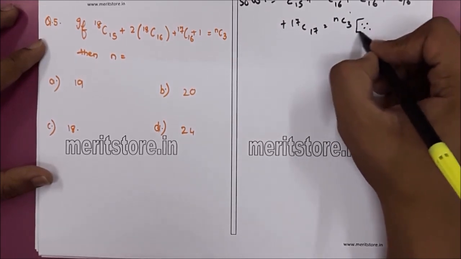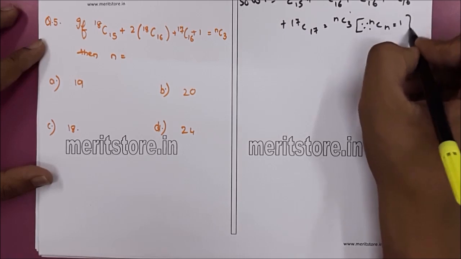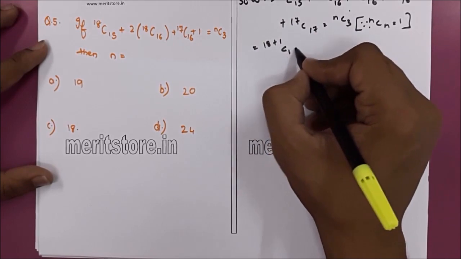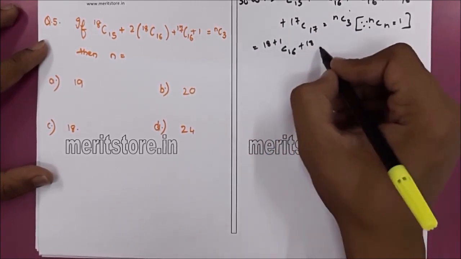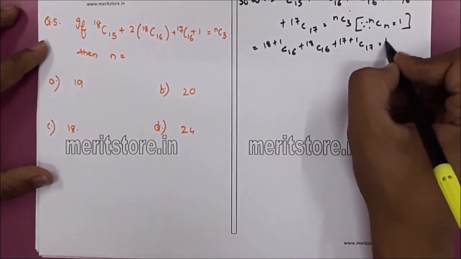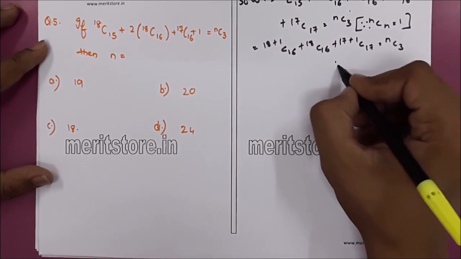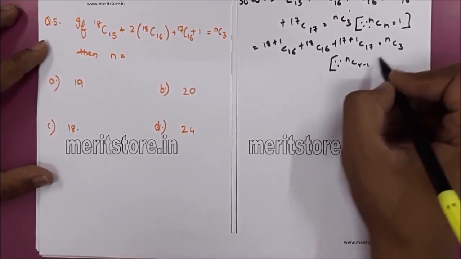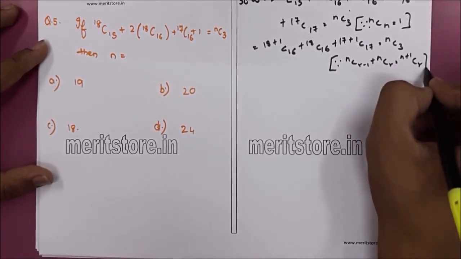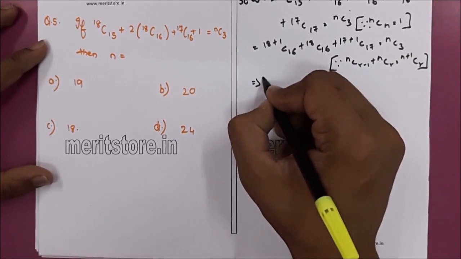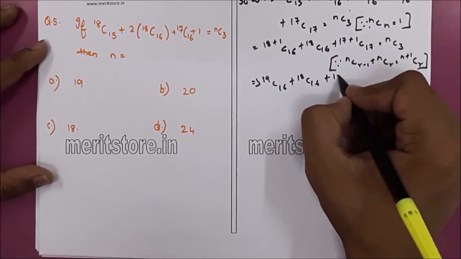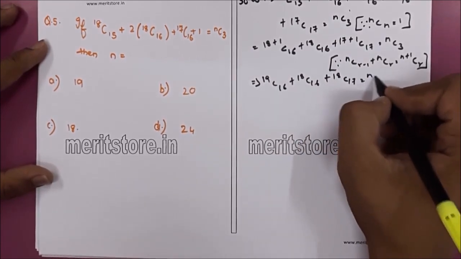Since NCN is equal to 1, that is equal to 18C15 plus 18C16 plus 18C16 plus 18C17 is equal to NC3. Since NC(R minus 1) plus NCR is equal to (N plus 1)CR, that is equal to 19C16 plus 18C16 plus 18C17 is equal to NC3.